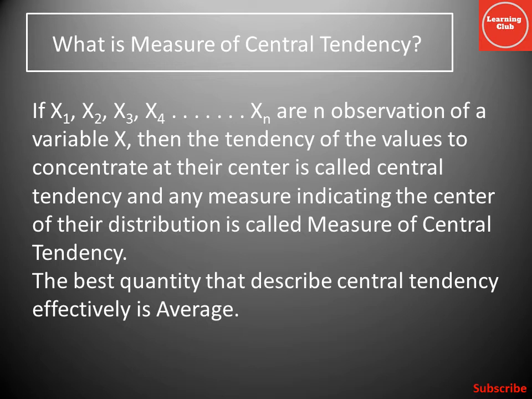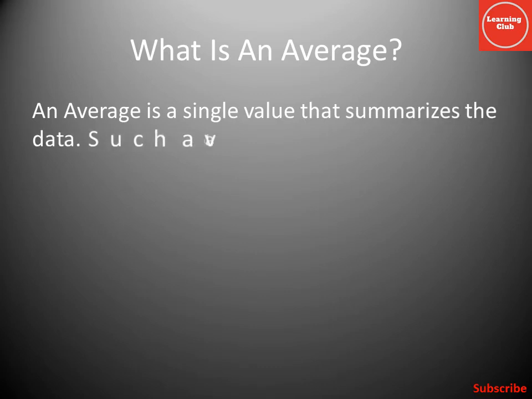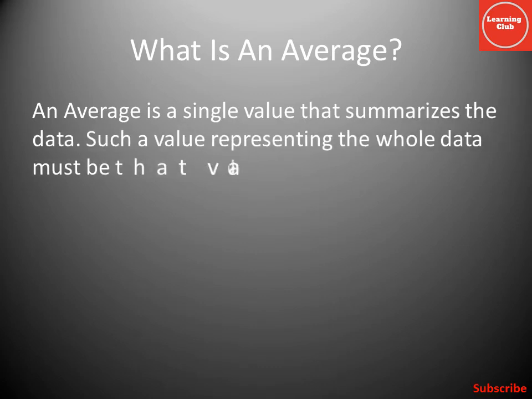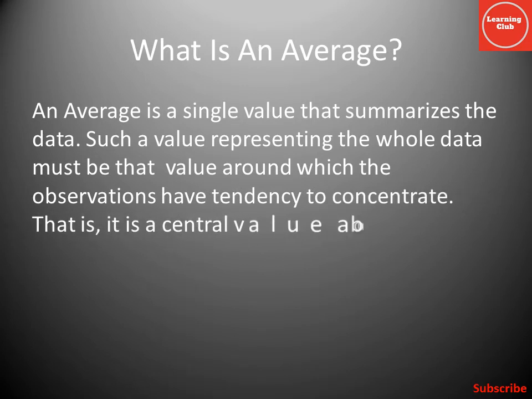The best way to calculate or describe the measure of central tendency is to calculate an average. So the next question which emerges in our mind is, what is an average? An average is a single value that summarizes the data.